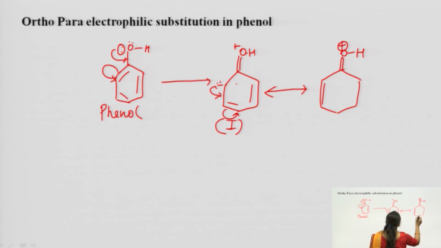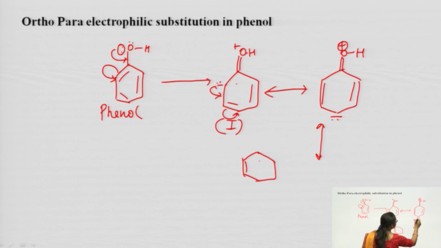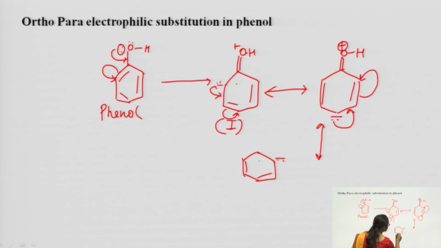The electrons are now here, and this bond remains as such. Now this moves here and this bond electron moves to this position. What happens? This becomes an electron rich position, and here the double bond to OH remains as such.